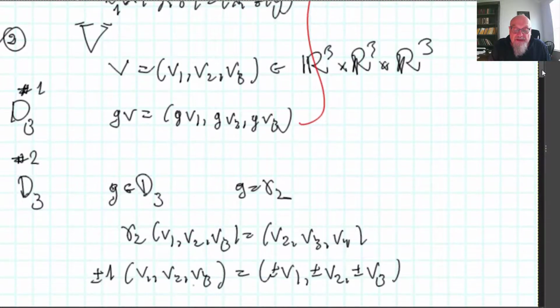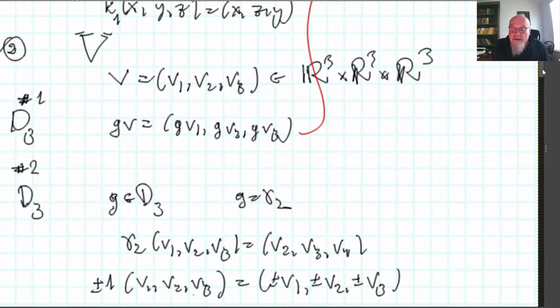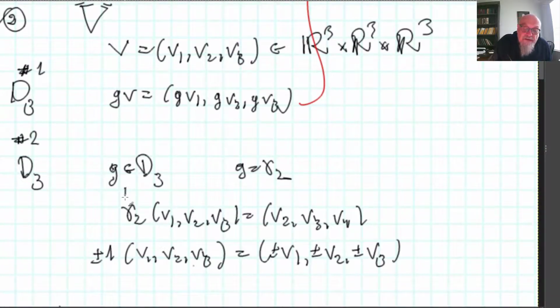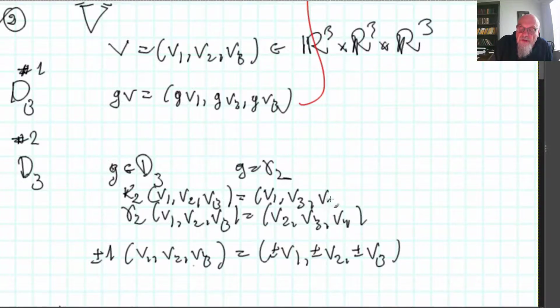Let's write it down: kappa 2 on V1, V2, V3 is equal to V1, V3, V2. So you can see clearly that here there is an invariant vector.